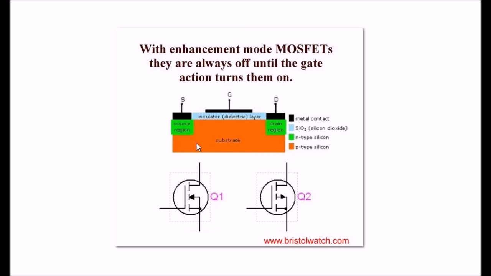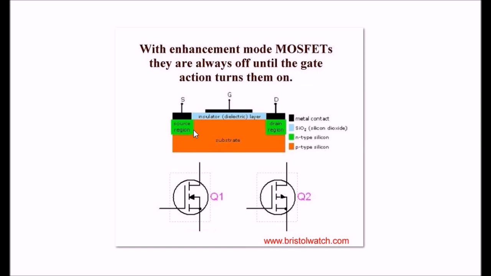Look at this drawing of a MOSFET from a silicon wafer point of view. The gate electrode is separated from the rest of the MOSFET by a very, very thin layer of silicon dioxide. It's a non-conductor. By definition, what is a capacitor? Two conductors separated by an insulator. So here you've got a capacitor formed from gate to drain, and a capacitor formed from gate to source.